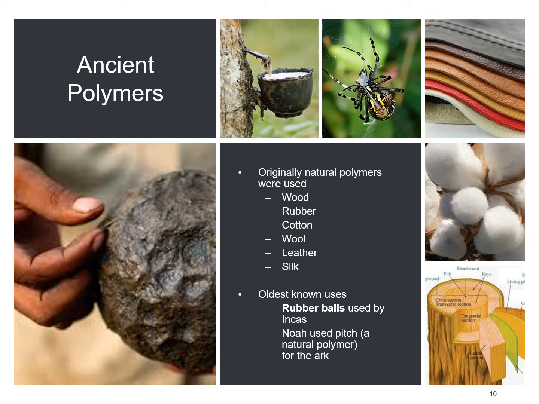Among the oldest known uses of polymers are the rubber balls used by the Incas, and Noah. If you remember about Noah's Ark, as in Nabi Noah, Noah used pitch, which is a natural polymer, for his ark, untuk bahtera. So these are some of the images that we can relate to ancient polymers, or polymers that are produced by God.